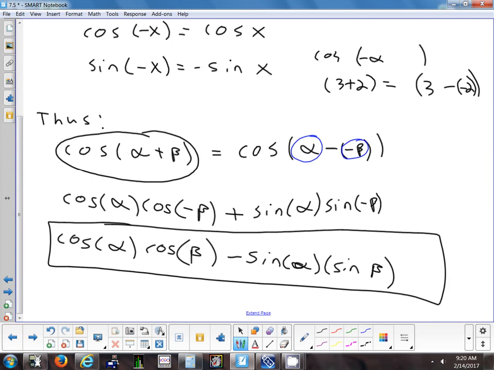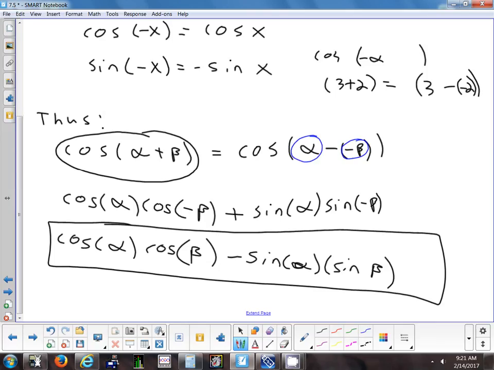So, any thought what this formula would allow me to do? I mean, I could use it to figure out something like sine of 15, but we have an easier way to do that. But this will allow me to figure out something else. What angle do you think I could do something with now, besides a 15? Something over 90 or whatever? Okay, with the other formula we can also do things over 90, or negative. A 45? 45 we already know.